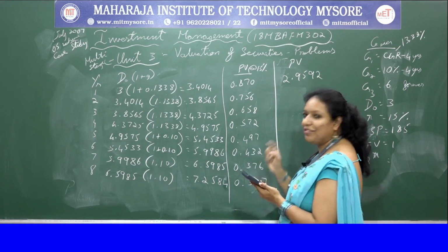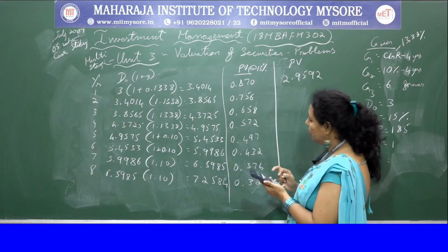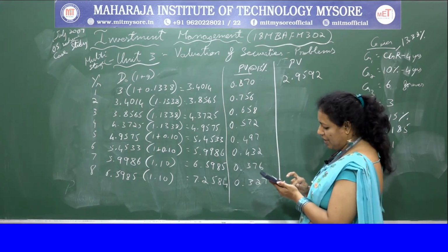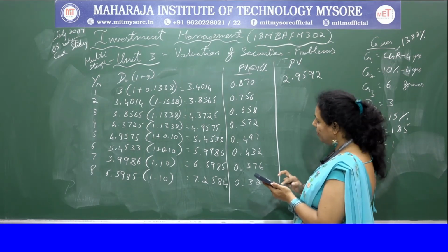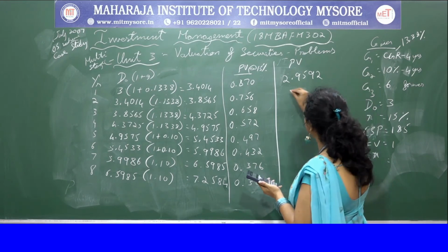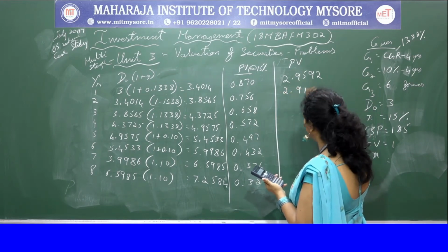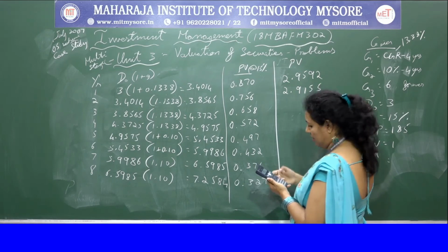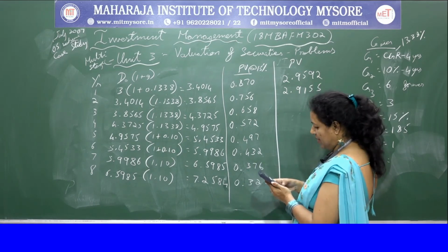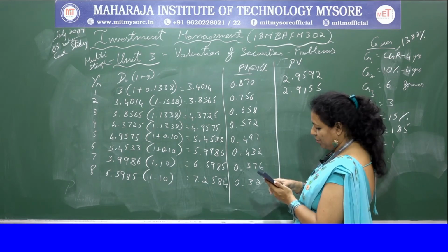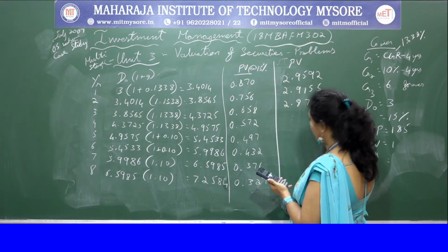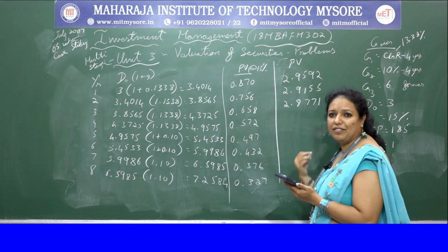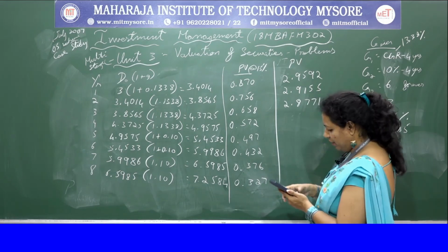Answer will slightly differ, but it will not differ that much. 3.8565 into 0.756, you get 2.9155. So 0.658 into 4.3725, you get 2.8771. In the same way, do it for the next.